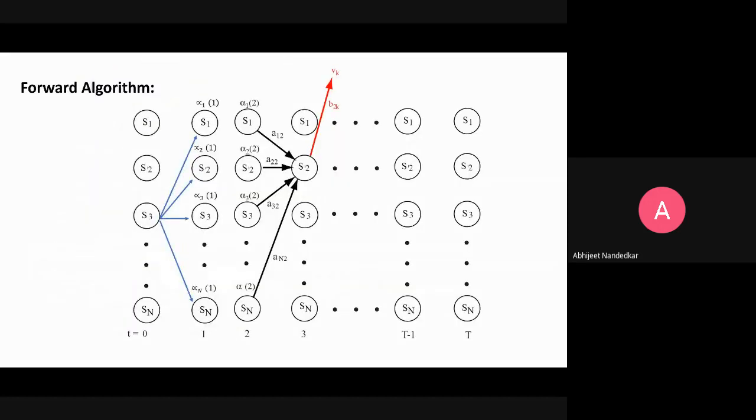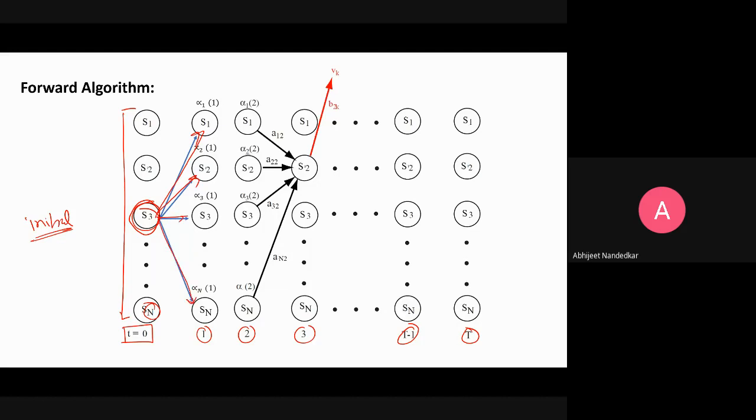Now to do this, suppose we have N states, and these are time steps 0, 1, 2, 3, and so on up to T. So I write all the states here. Let us say this is my initial state, and then I proceed up to T states. From here I can go to S1, S2, S3, up to Sn.